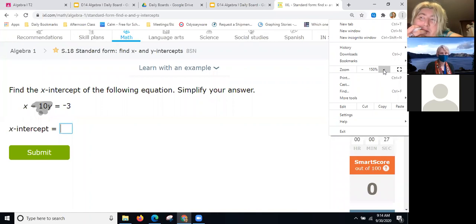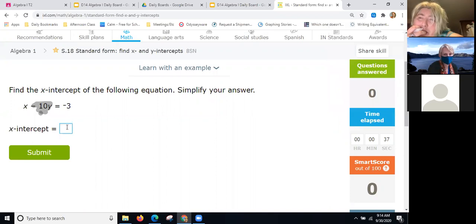And then what's left? It just says x is equal to -3. So my x-intercept is -3. That time, I don't even need to divide, because if I ignore the y part, all I have is x is equal to -3. So if the y were 0, the x would be at -3.